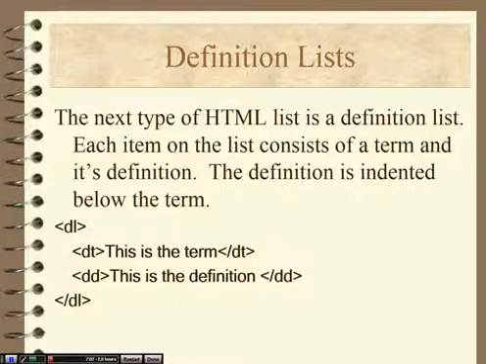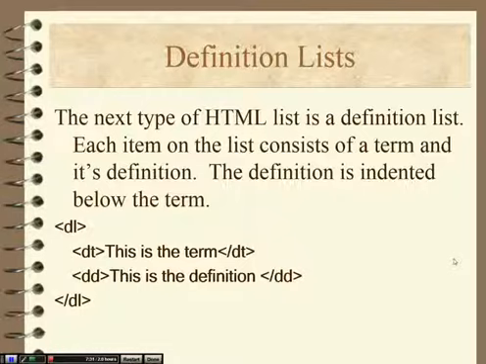A definition list has 2 elements for each item. And so you'll see that the outer tags here are the DL for the definition list. And then each one has a term and a definition. So we have DT, definition term, and I don't know what DD stands for, definition, okay? So that one's a little non-intuitive.